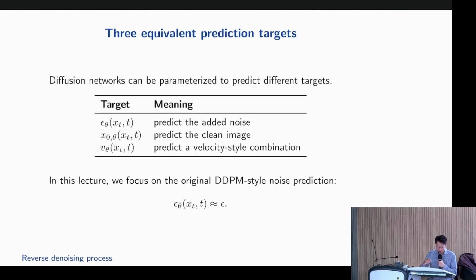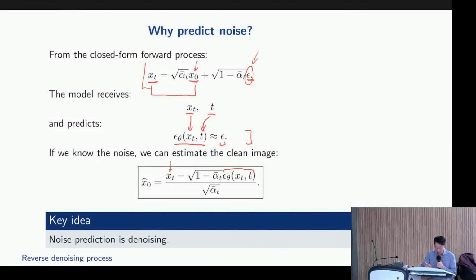You could train a neural network that predicts the added noise, or you could train a network to directly predict the clean image, or you could train a model to predict a velocity-style combination, indicating something like the rate of change of added noise. If you want to view this multi-step process as continuous time, you could do something like that. But it's pretty much all the same because everything's related with this formula.